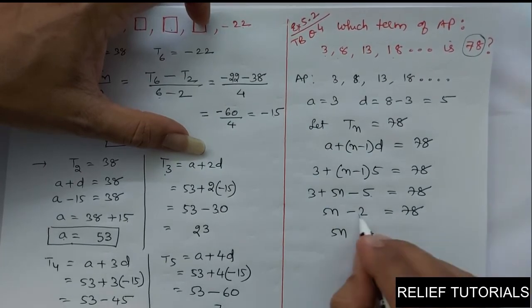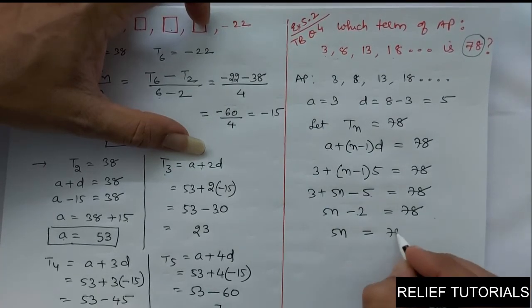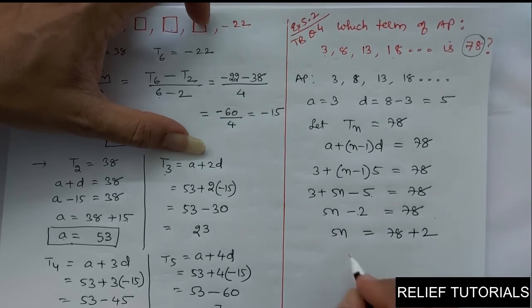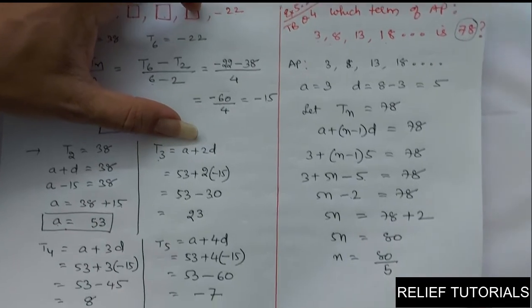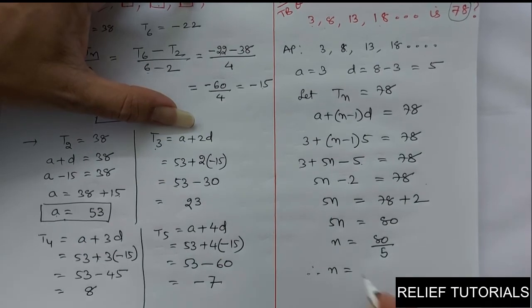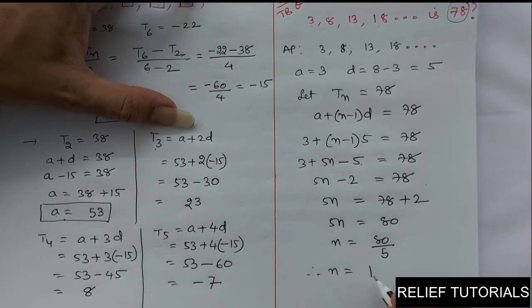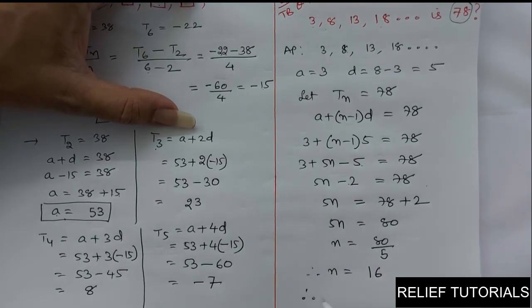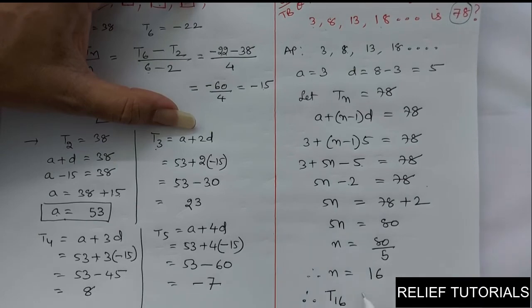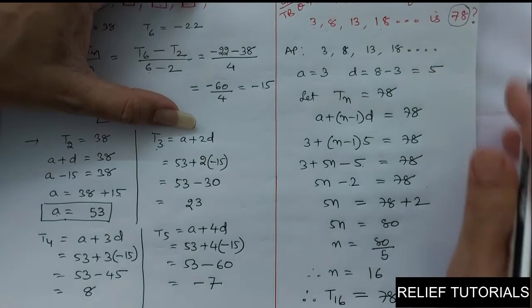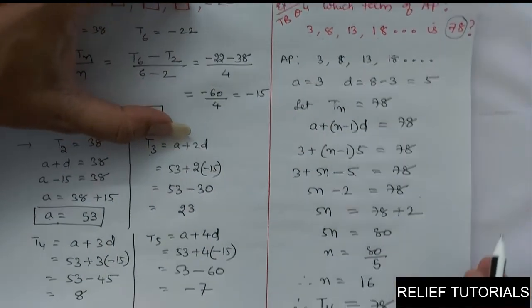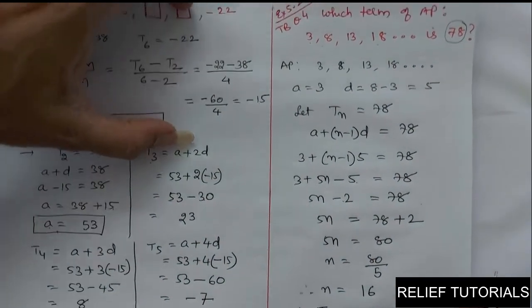So 5n is equal to 78 plus 2, that is 80. So n is equal to 80 upon 5, which is 16. So therefore we can say T16 is equal to 78. So 78 is the 16th term of this AP. Have you got it friends? Very simple. Clear?